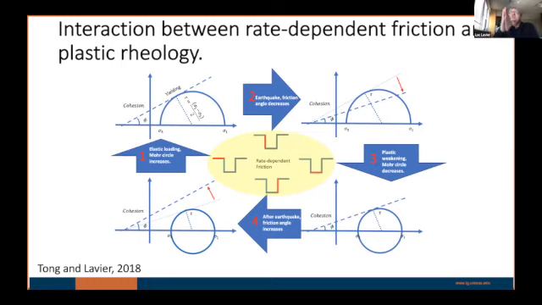We assume that we reach a yield stress like in Mohr-Coulomb, and the corresponding weakening or strengthening in the Mohr-Coulomb space corresponds to the rate and state behavior.